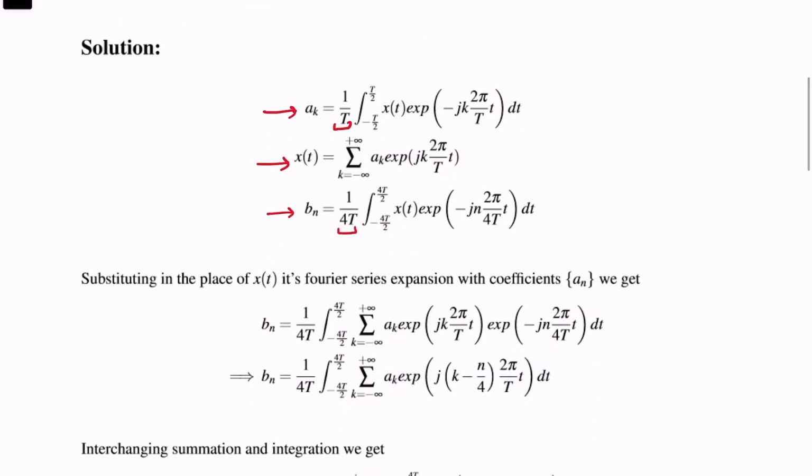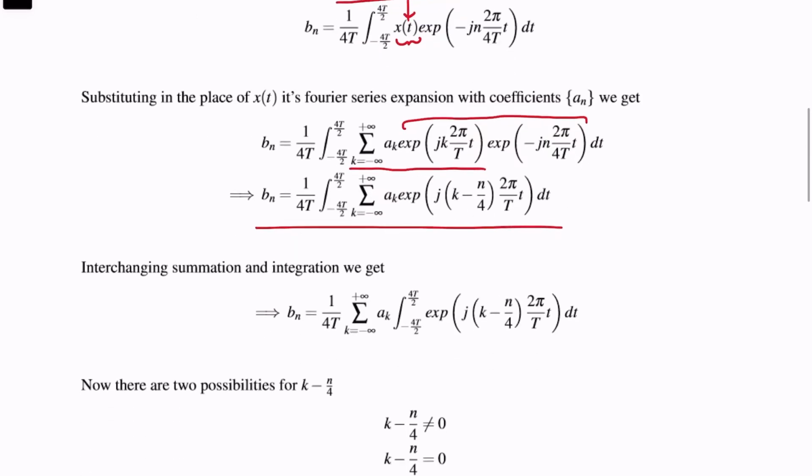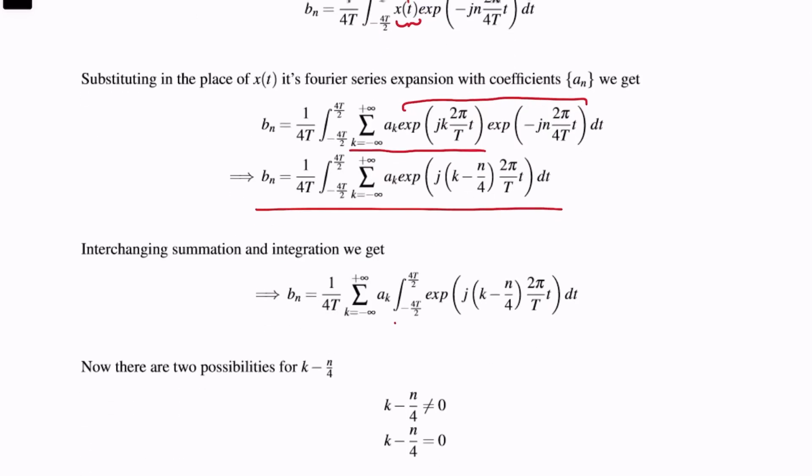So over here, let us see what happens when you substitute for x of t this formula. So when you substitute that formula, you will get it as so, right? And you can of course multiply these two exponentials and you will get this expression for b sub n. You can interchange the summation and integral so as to have only the exponential inside the integral, right?